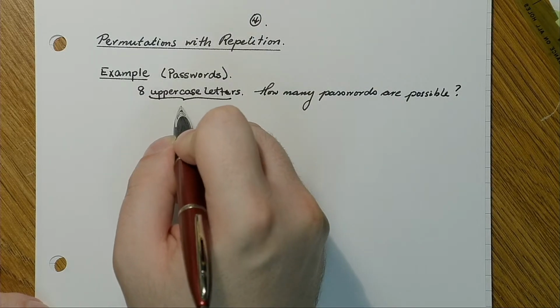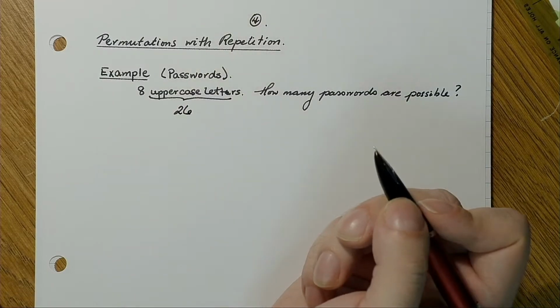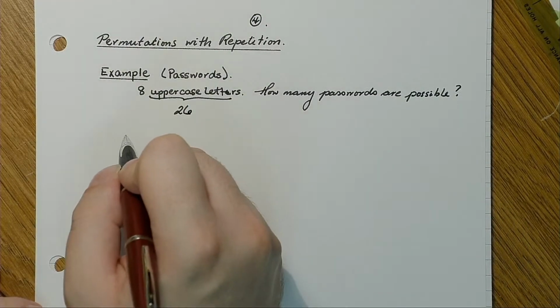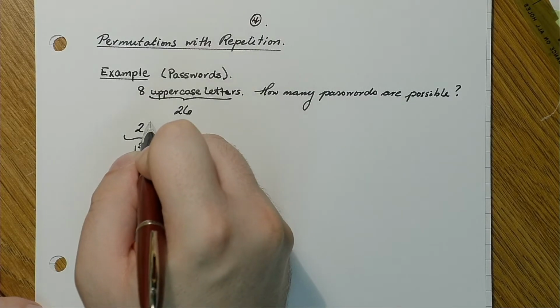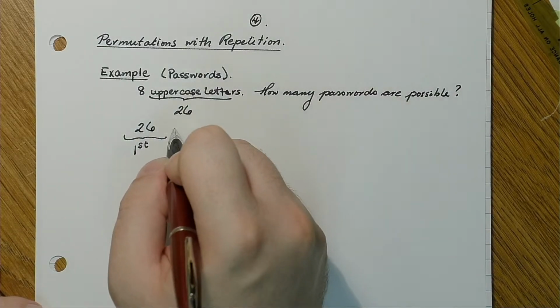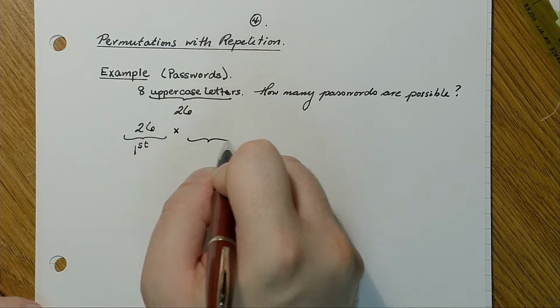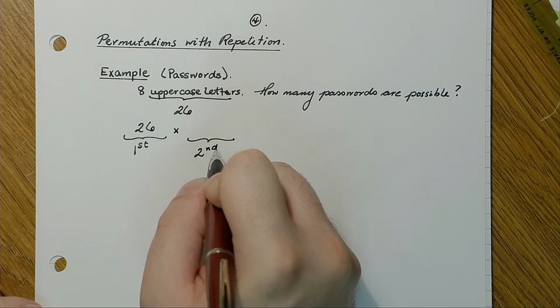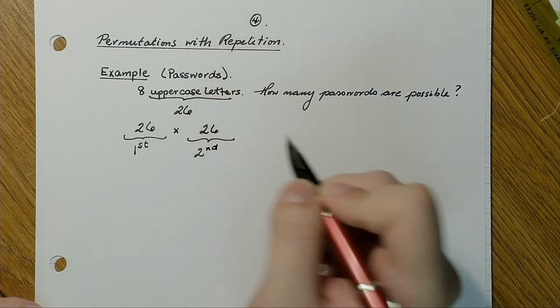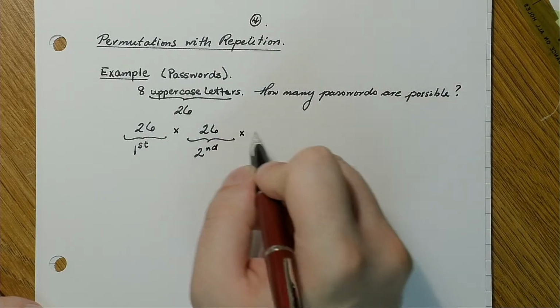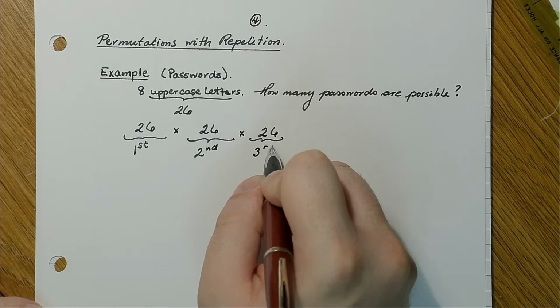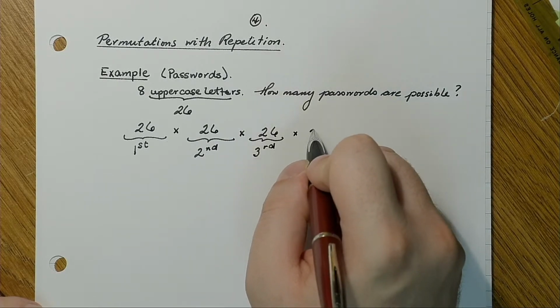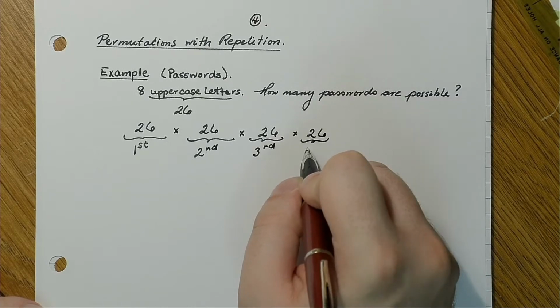There would be 26 of those. So that means that for the first letter, there would be 26 choices for that one. And then for the second, there would be 26 letters again. You would have 26 letters to choose for the third one, times 26 for the fourth one.